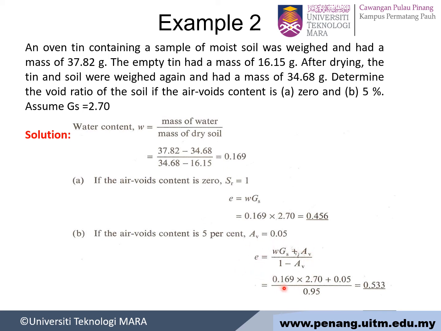The moisture content 0.169 times 2.7 plus air void, 5 over 100, 0.05, divided by 1 minus Av, 1 minus 0.05, so you will get 0.95. So the answer is 0.533.